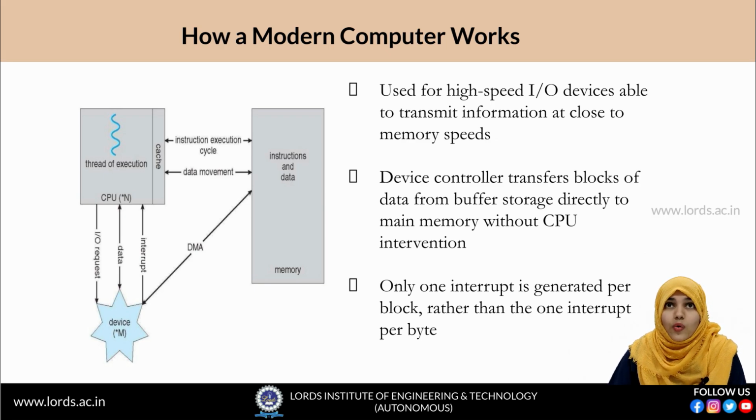Why is it used? Because instead of raising many interrupts, only one interrupt is generated per block rather than one interrupt per byte. So here the access and transfer of data will be of high speed.